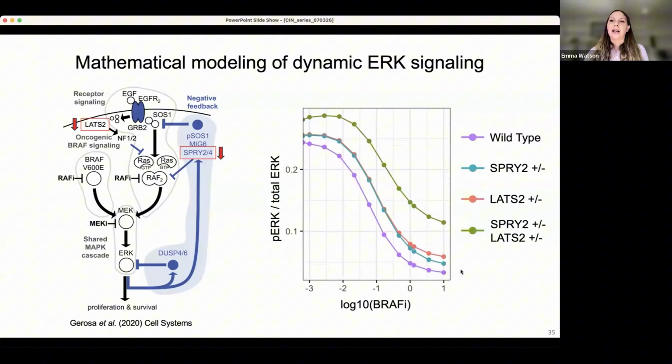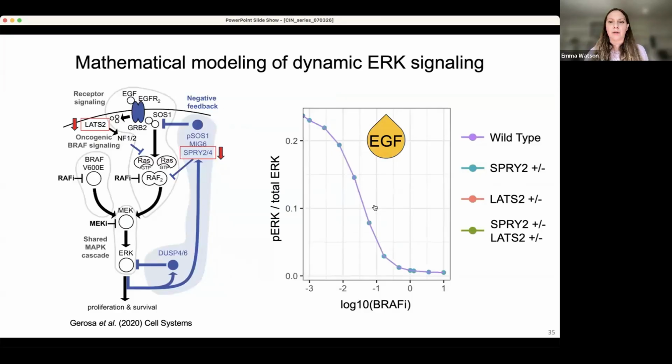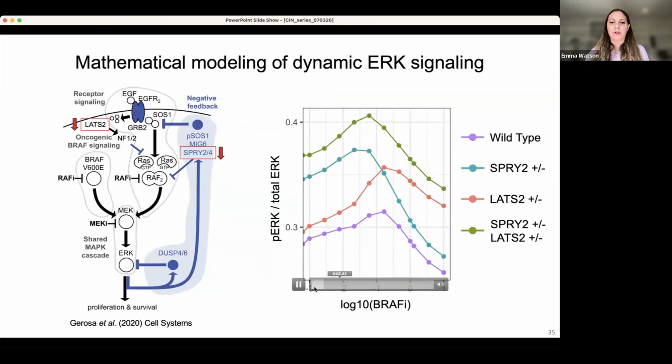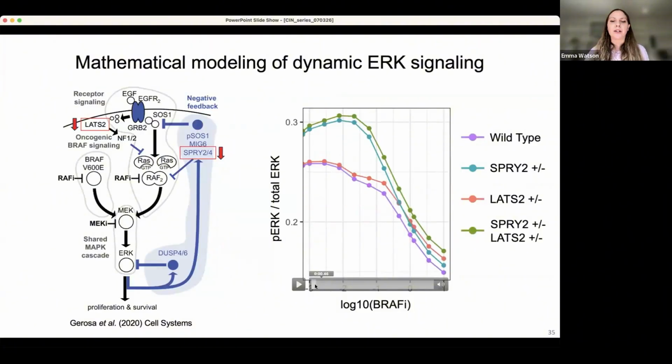What we see is that after the EGF pulse, we see different dynamics in the phospho-ERK to total ERK output, depending on these different genotypes, whereby the single mutants have a relatively small effect. The double mutant has a much larger effect, and this would be synergistic. One thing I wanted to point out here is that actually the double mutant inherits two different dynamical properties from the single mutants.